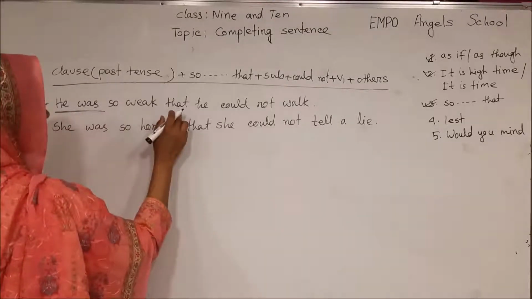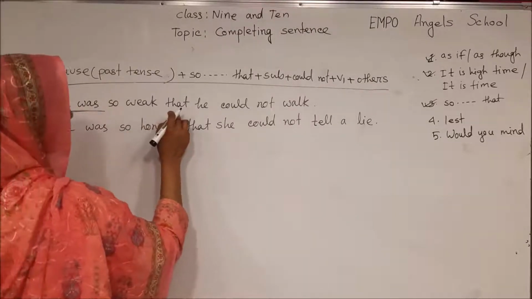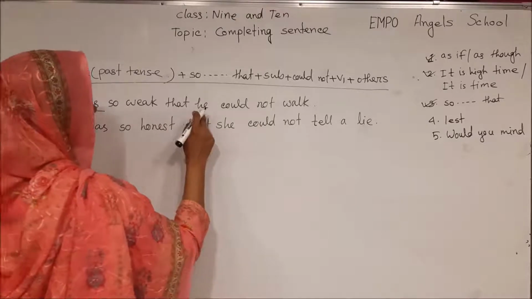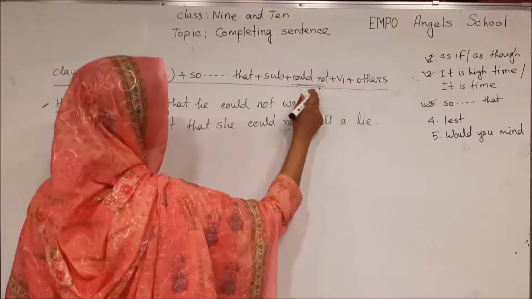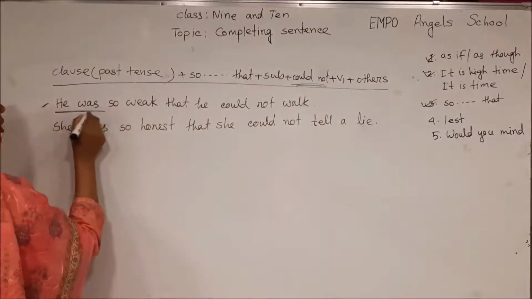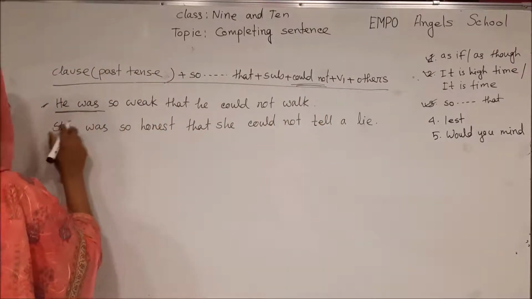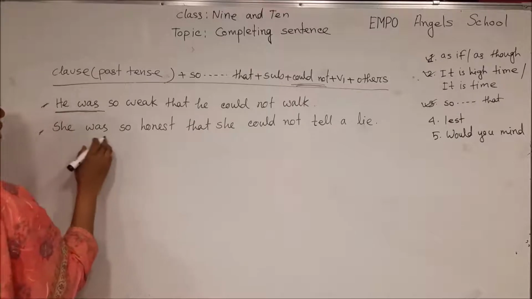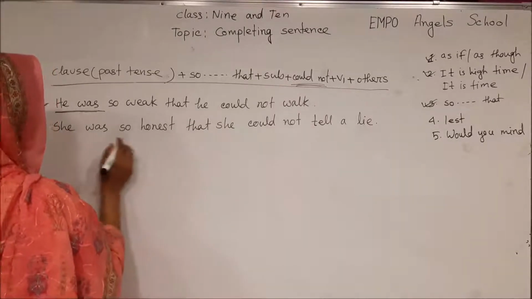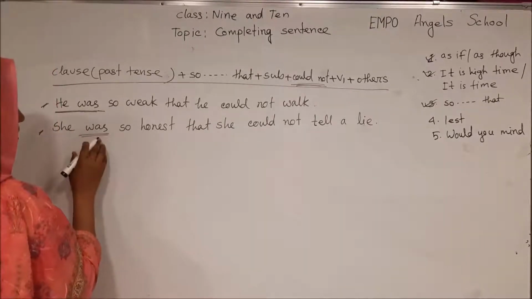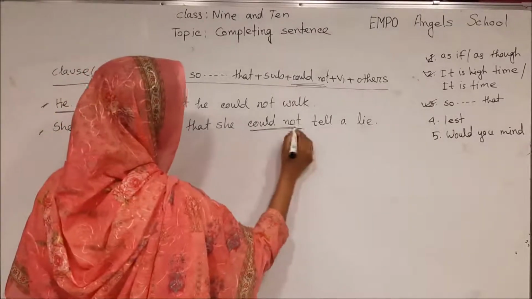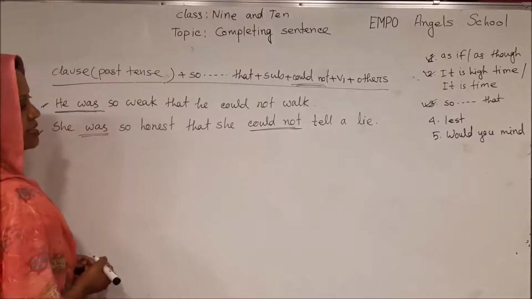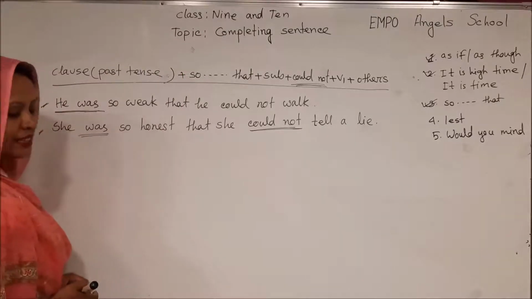So with that, I have taken here a subject and "could not", as I have to take "could not" if the clause is in past form. In the second sentence, she was so honest that. Here also the verb is in past form, so I have to take "could not" in the second clause to complete the sentence.